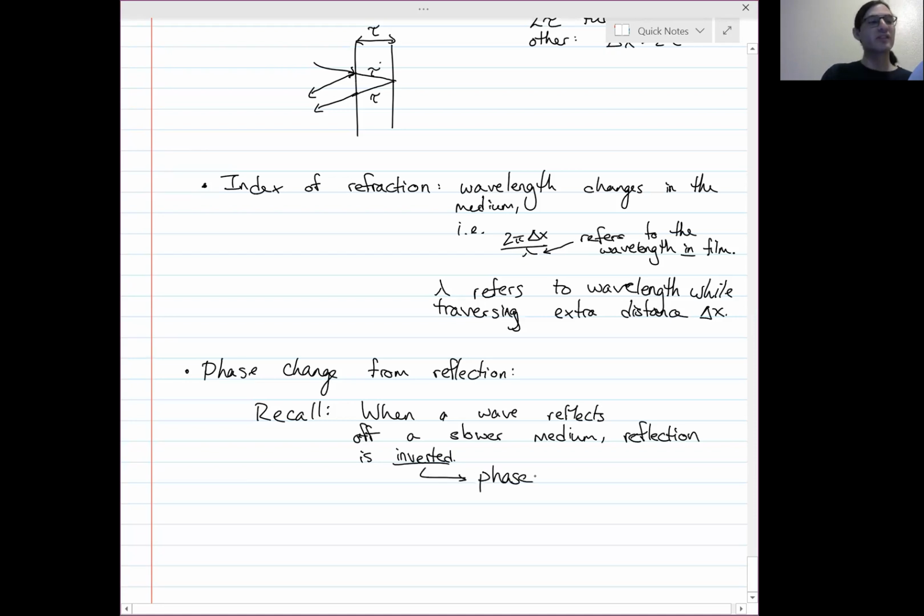Inverting a wave is precisely the same as causing a phase difference of pi, right? If you flip the wave upside down, that's the same as just shifting the wave over by pi radians.